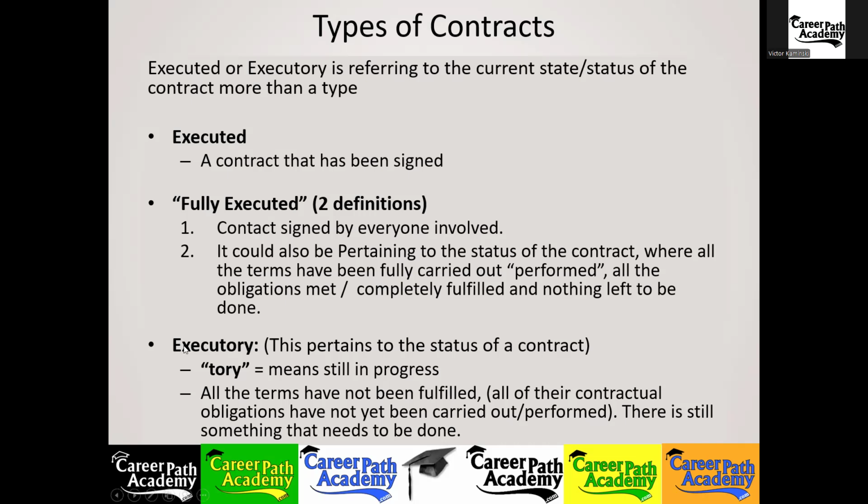And then we have an executory contract, ending in tory, meaning it's still in progress. Therefore, all the terms of the contract have not yet been fulfilled. There's still things that need to be done. So, for example, if a contract has been signed by everybody, we say that it's been fully executed. But what status is the contract in at that point if it's just been signed by everybody? Well, you still need to do what the contract required of you, so it's an executory status at that point.